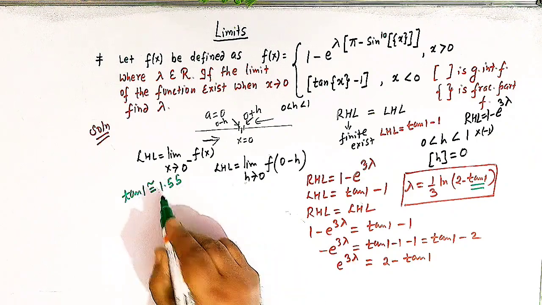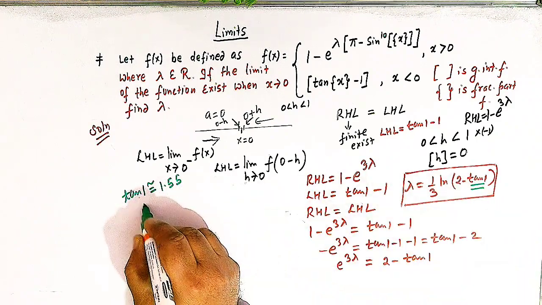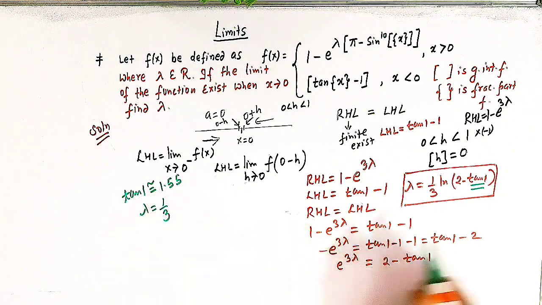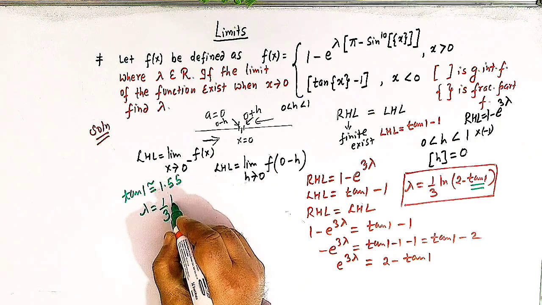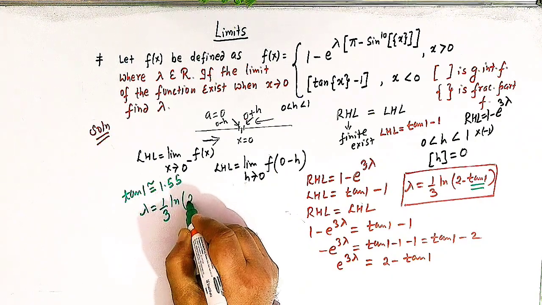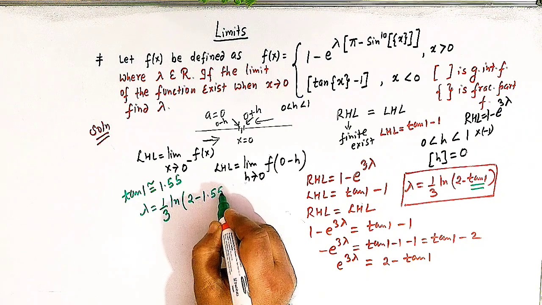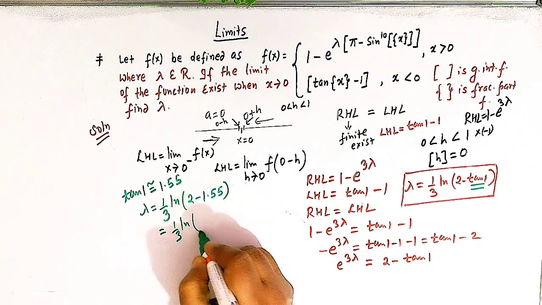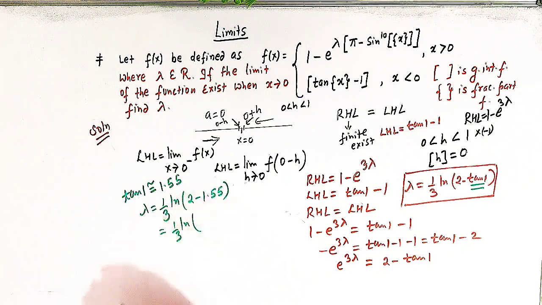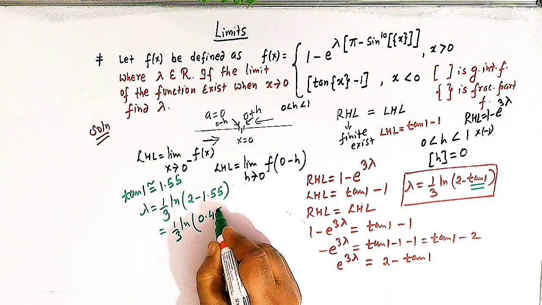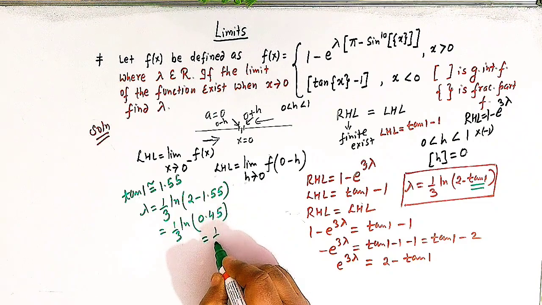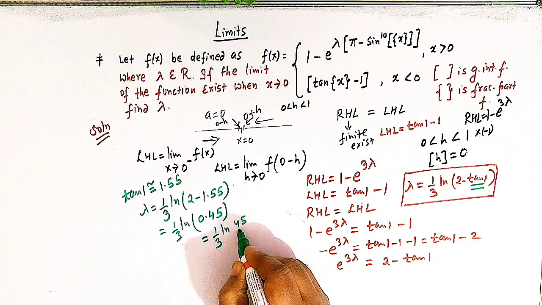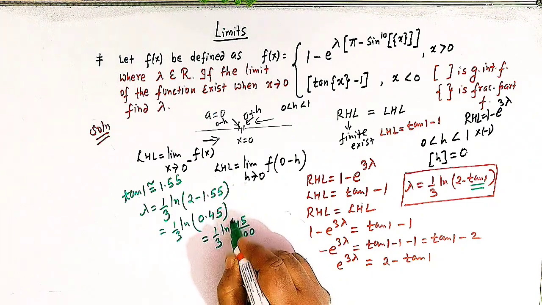So substituting this value over here, the value of lambda can further be simplified. So we have 1 over 3 natural log of 2 minus 1.55. So now we can simplify it. 1 over 3 natural log of 2 minus 1.55 is 0.45, and this is 1 over 3 natural log of 45 over 100, right?